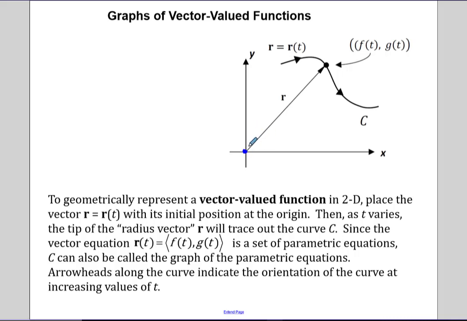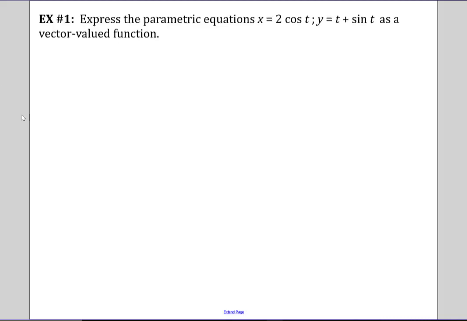So you can think of this vector moving along as we go from some point A to some point B, and each one of those vectors traces from the origin along the curve to make this shape r of t. The arrowheads along the curve indicate the orientation of the curve as the values of time increase.